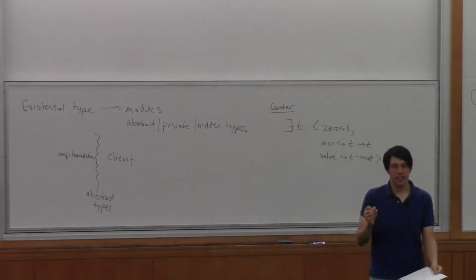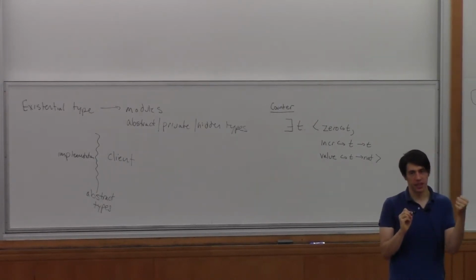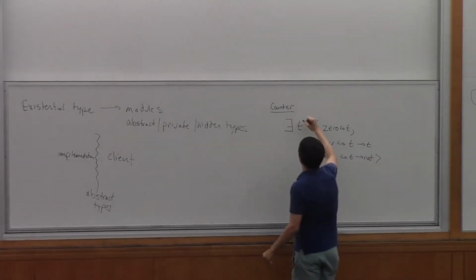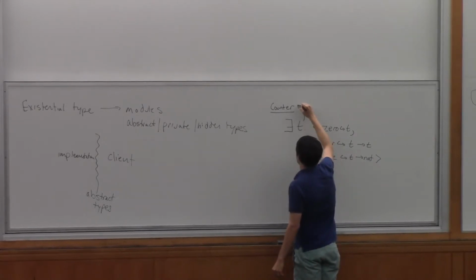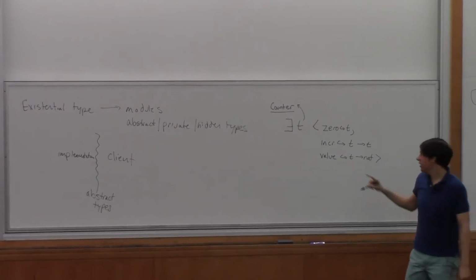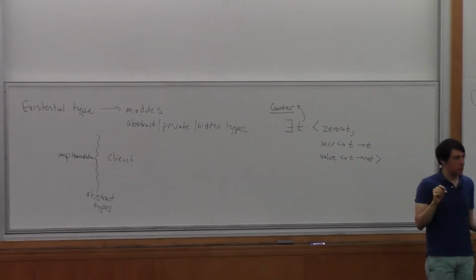Okay, so what I'm trying to describe here is a module that has one private type, which I'll call t, and three operations. Think of t as the representation of a counter. Three operations on counters. There is a zero counter of type t. You can increment a counter, that is, you can add 1 to the counter.